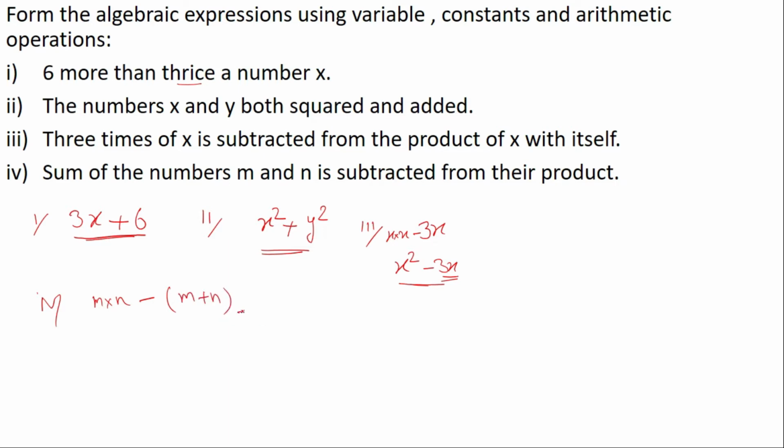So what can we write here? mn minus (m plus n). Now relate it with the question. Sum of numbers m and n is subtracted from their product. This is the product, and from this product the sum of m and n is subtracted. I hope this one is clear to you.